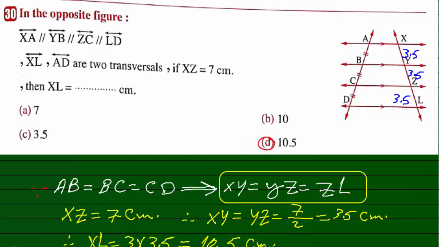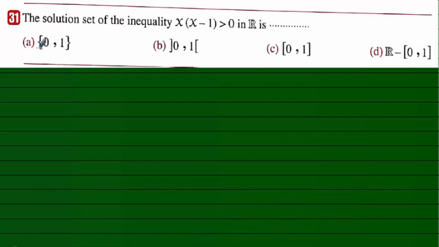Question number 31. Here we have the solution set of the inequality x multiply x minus 1 is greater than 0, and the required here is to find the solution set of this inequality. First, put x multiply x minus 1 equals 0.